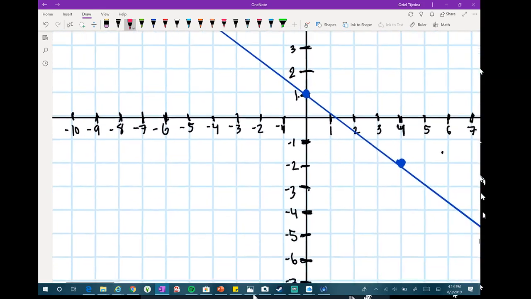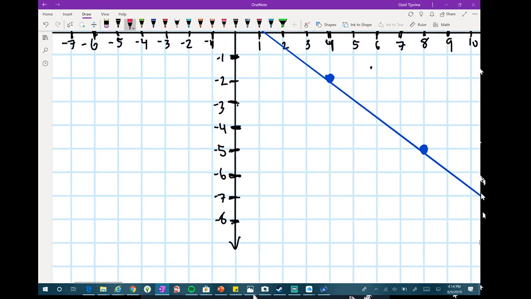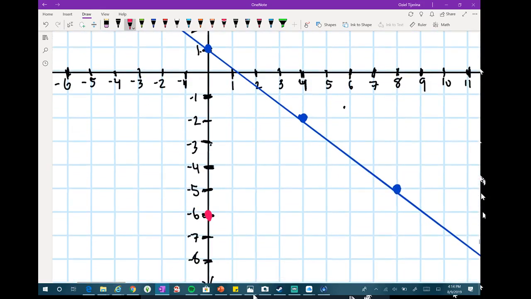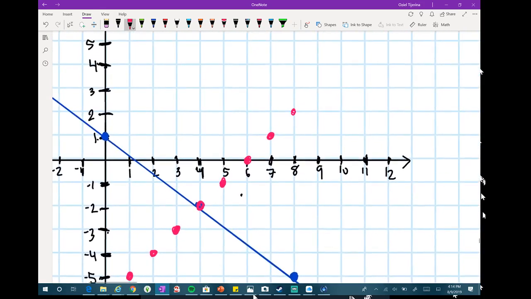So then you go ahead and plot it, and you plot your y-intercept at 0, negative 6, and your slope is 1, so you're going to go up 1 over 1, up 1 over 1, and keep doing it until you run out of space in your graph.